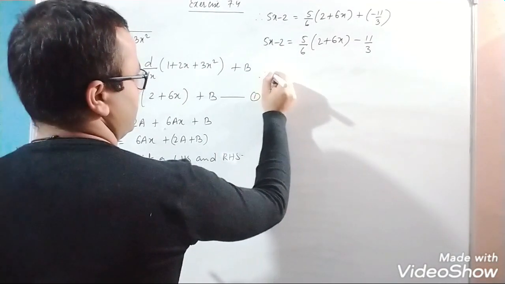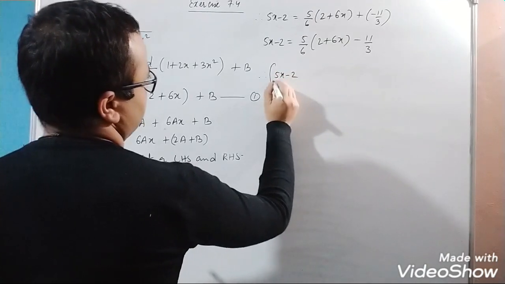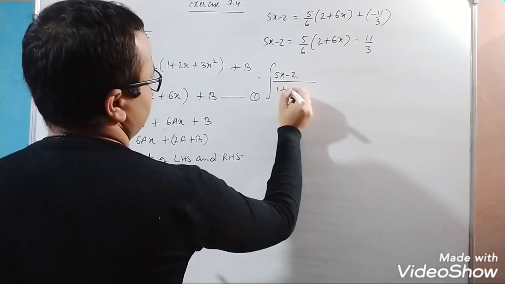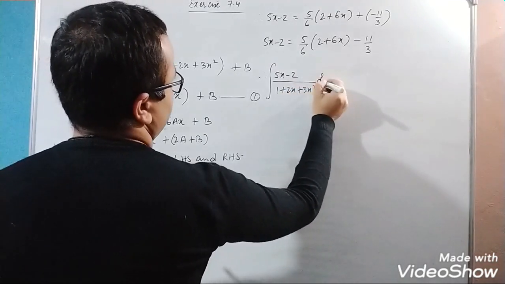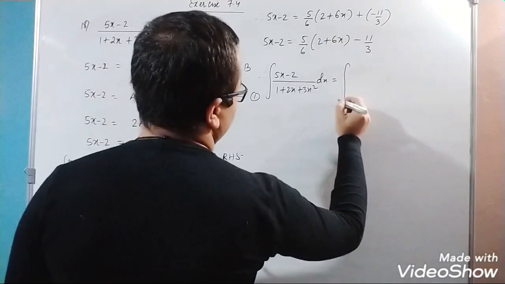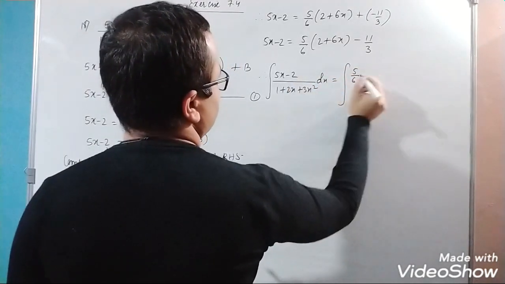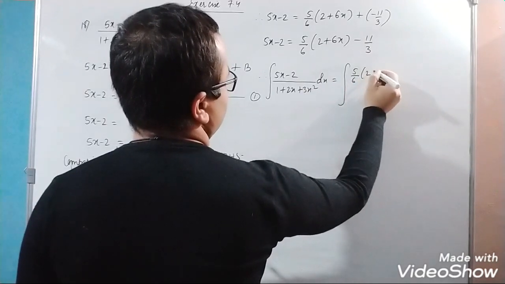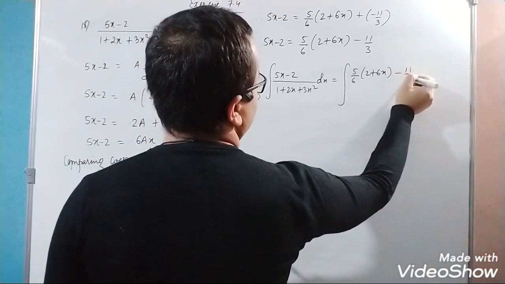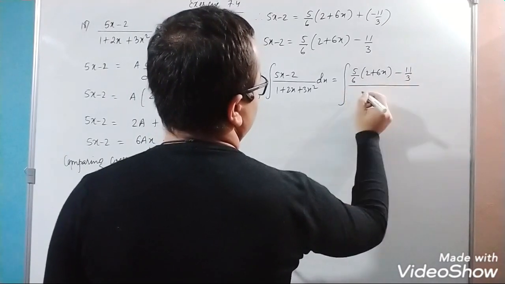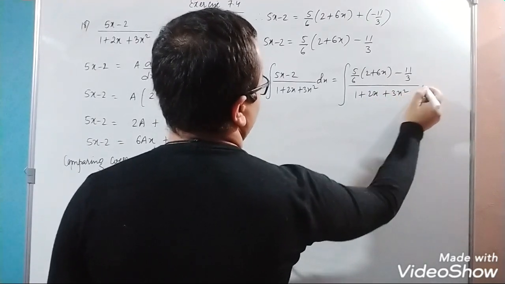Then we can write, therefore integration of 5x minus 2 divided by 1 plus 2x plus 3x square dx equals integration of 5 by 6 into 2 plus 6x minus 11 by 3 divided by 1 plus 2x plus 3x square dx.